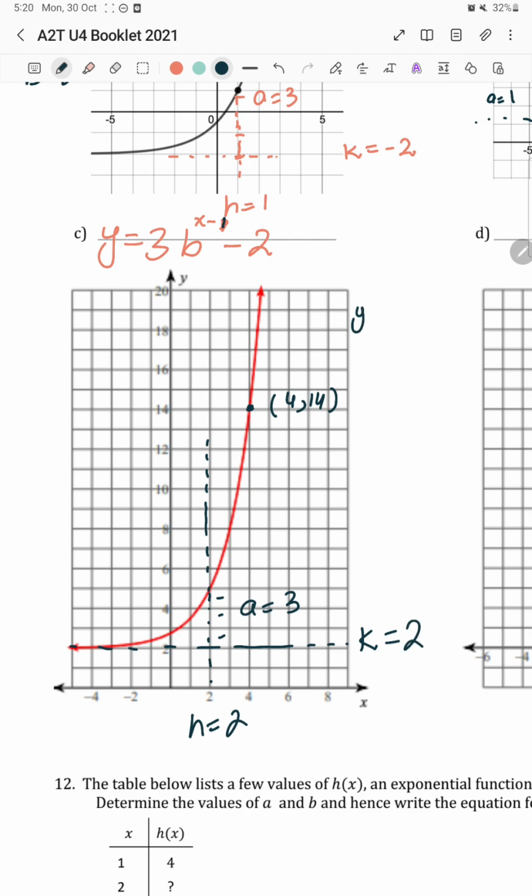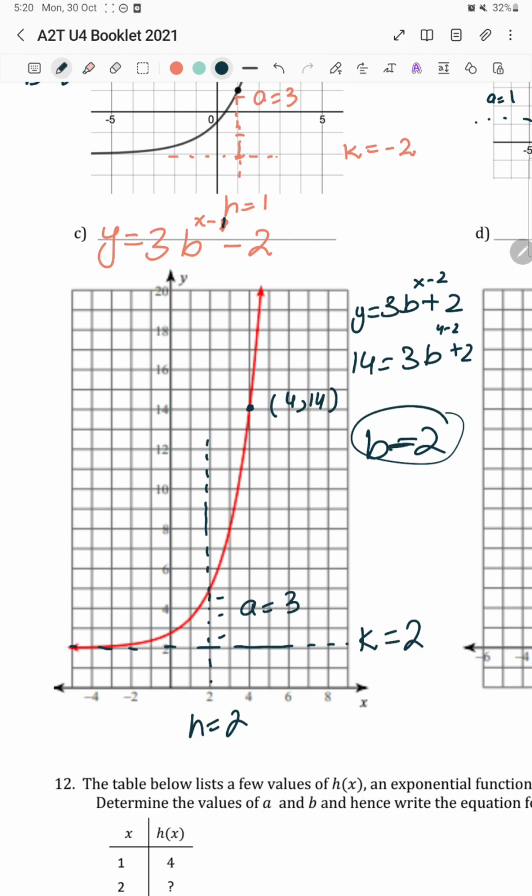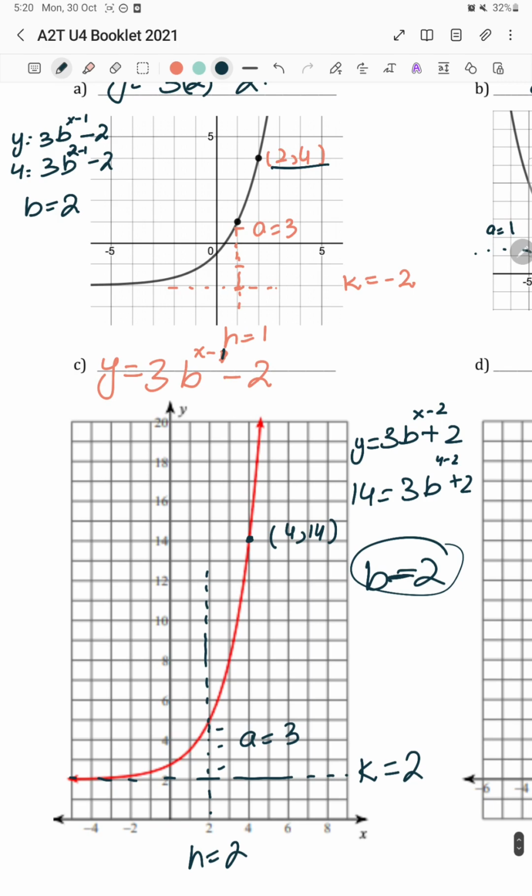So y is equal to 3b to the power x minus 2 plus 2. 14 is equal to 3b to the power 4 minus 2 plus 2. B is equal to 2. So the equation will be 3 times 2 to the power x minus 2 plus 2.